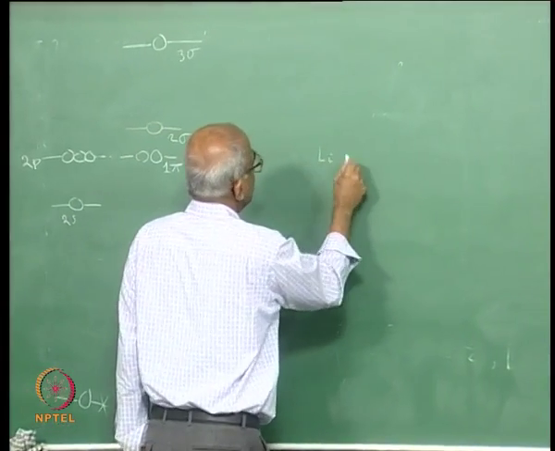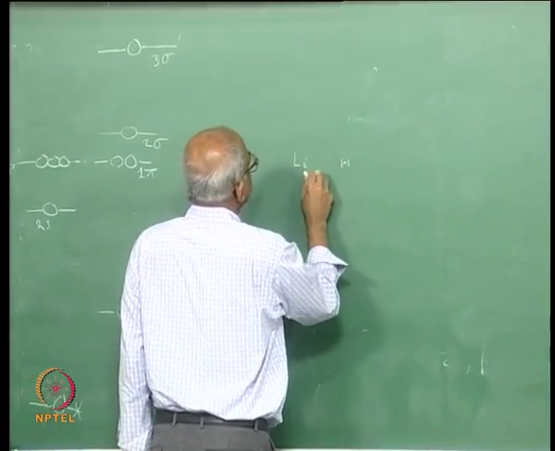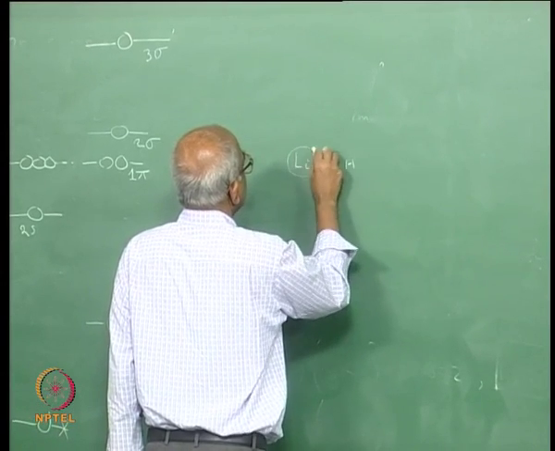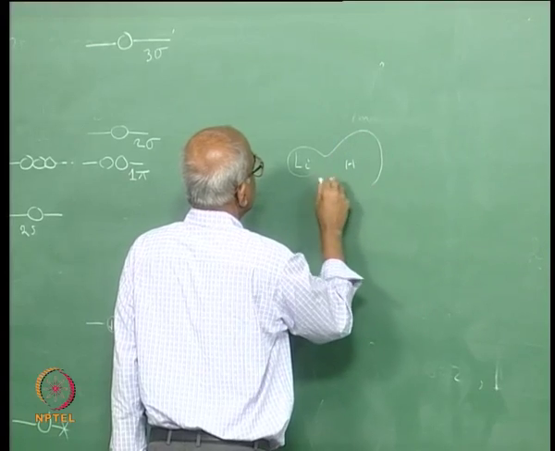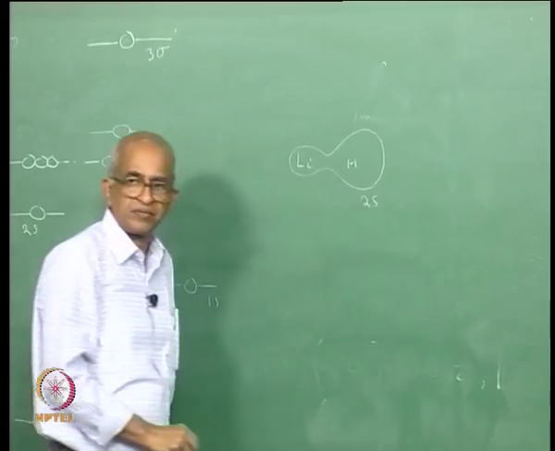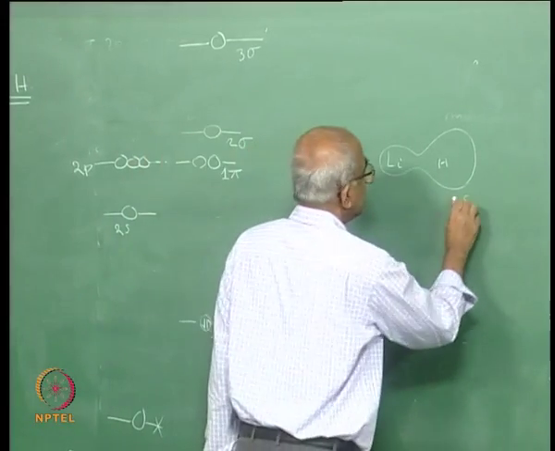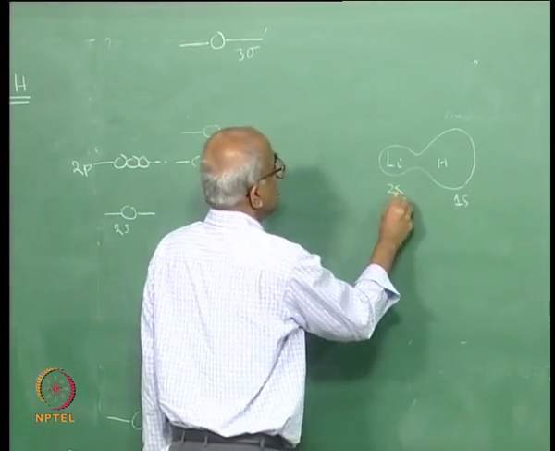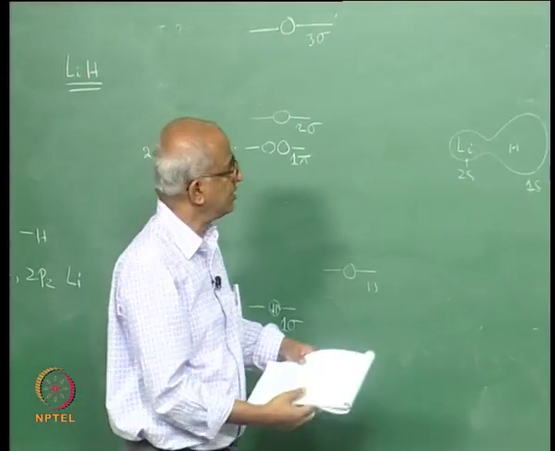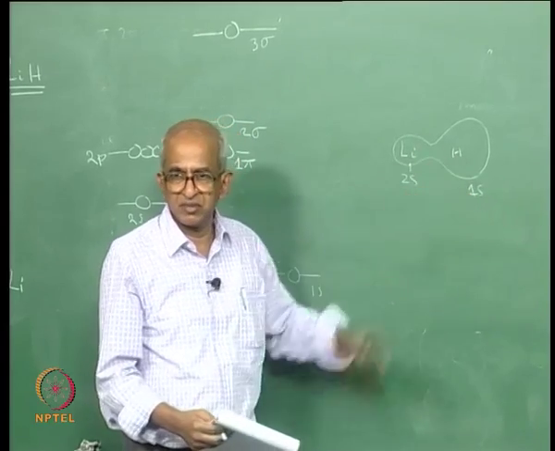So, if I try to represent it pictorially, I would have lithium and the hydrogen, but this is essentially having little contribution from the 2s, and a majority of the contribution will come from the 1s. 2s and 2p together will make a small contribution, and 1s will make the largest contribution.